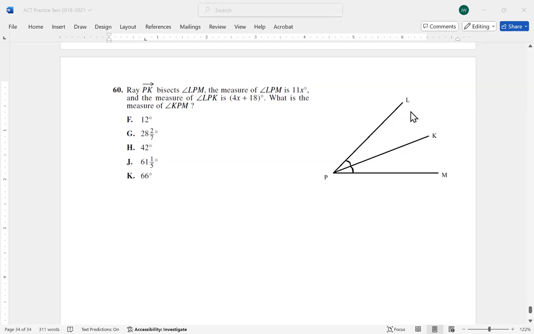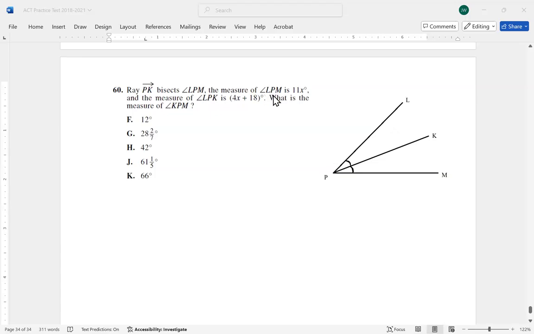LPM is the main angle, and K is bisecting that. Now, bisecting means I cut it in half. So if I look at LPK, that's the same angle as KPM. So these two smaller angles are the same. And notice that combined, they give you the LPM.